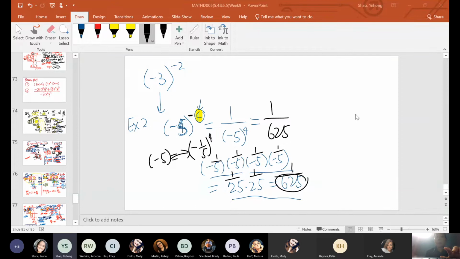Those 5 formulas, 1, 2, 3, 4, 5, are called the laws of exponents.